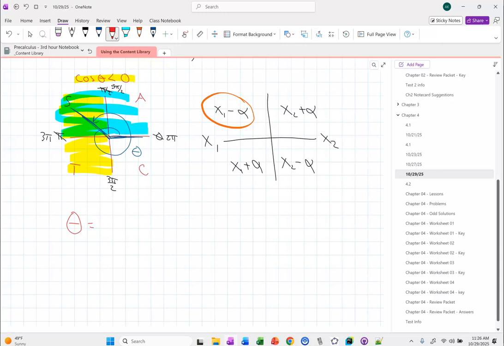I read it off the label in the same spot. That's why I made sure to write down the labels as I was counting around. So I'm left with 3 pi minus alpha.